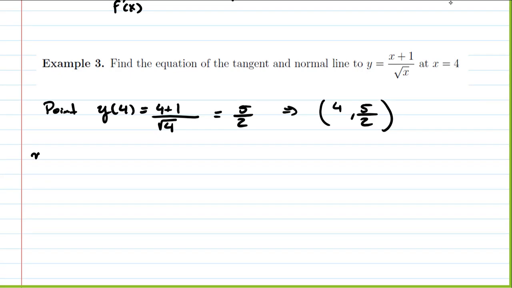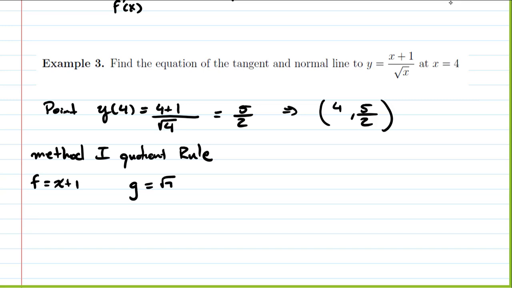So method 1 is quotient rule. And with the quotient rule, we would identify f as x plus 1 and g as the square root of x, which is x to the 1/2. And then we would have f prime is 1, and we would have g prime is 1/2 x to the -1/2.